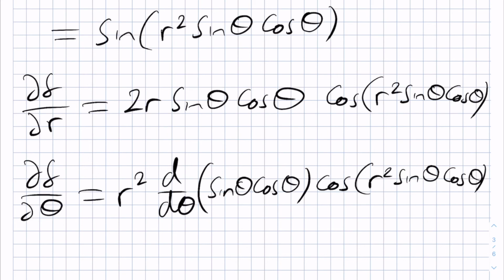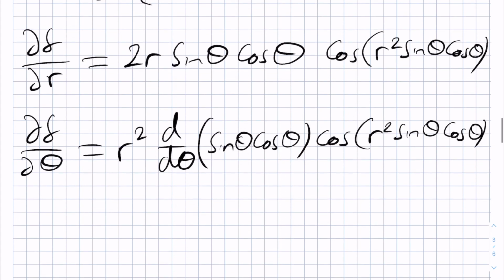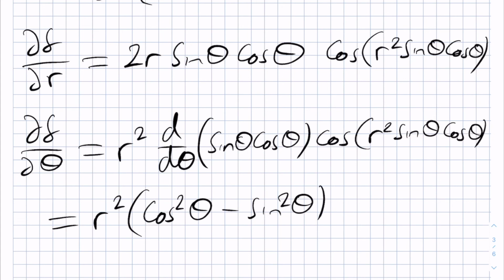Then, to finish off, we calculate that we have this thing here as being cos squared θ minus sin squared θ by the product rule. And then we have this cos of r squared sin θ cos θ.